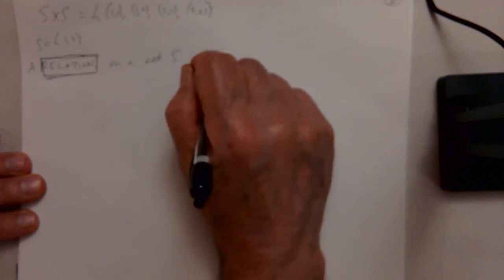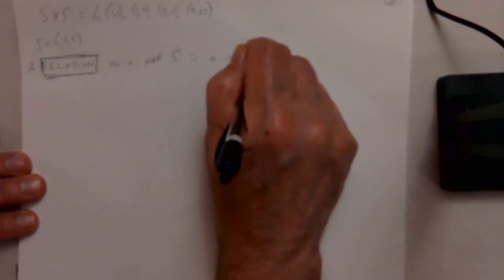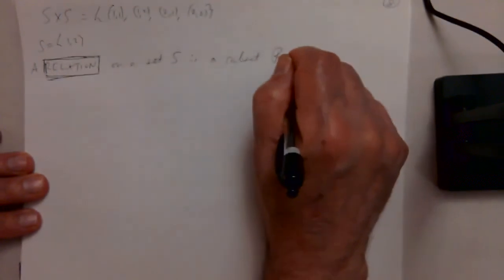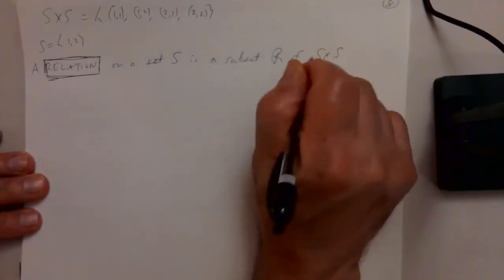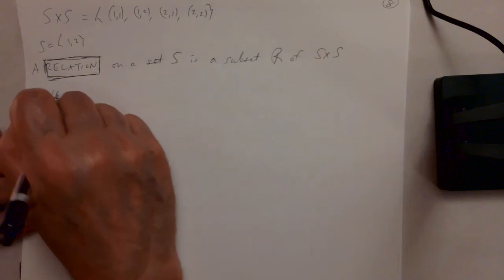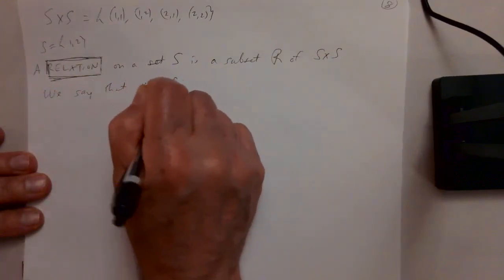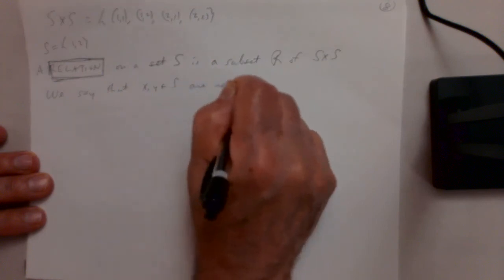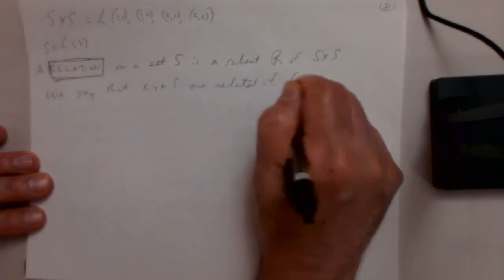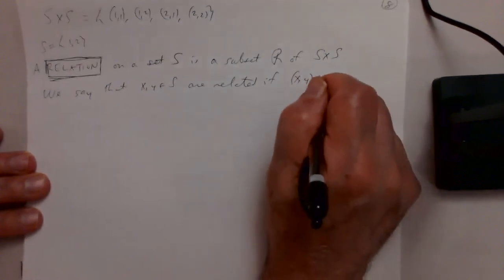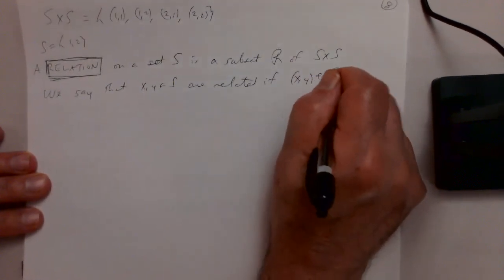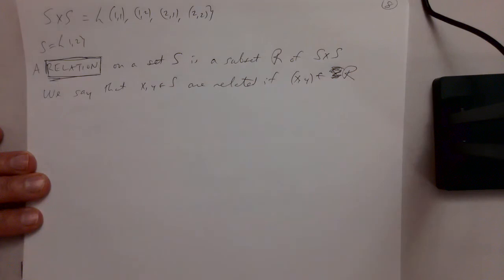The set of all pairs is S cross S. So a relation on a set S is, and this is the official formal definition, a subset, I write it as script R, of S cross S. And we say that elements X and Y in S are related if the ordered pair XY belongs to R.